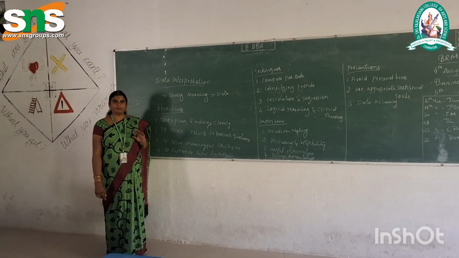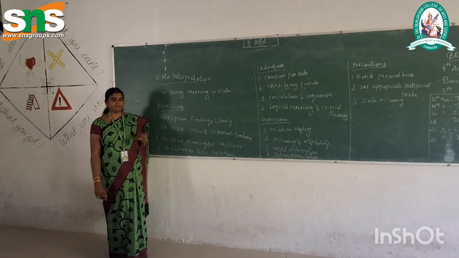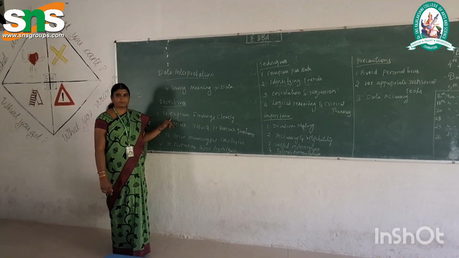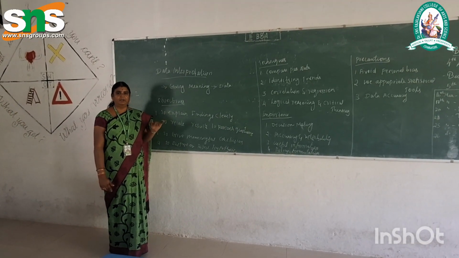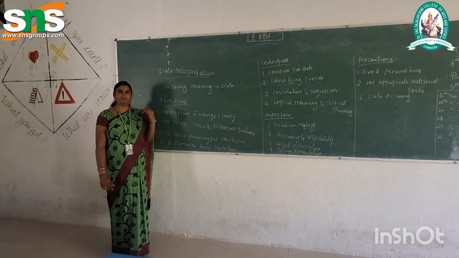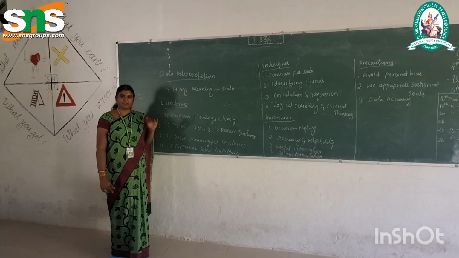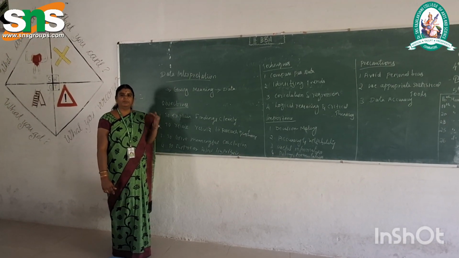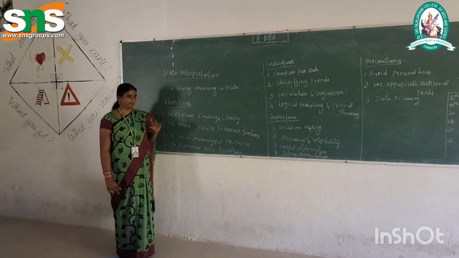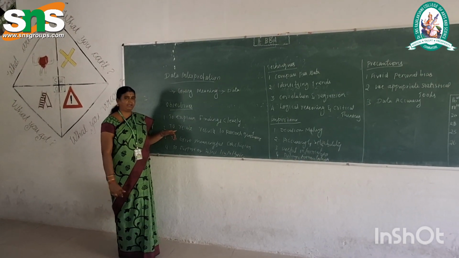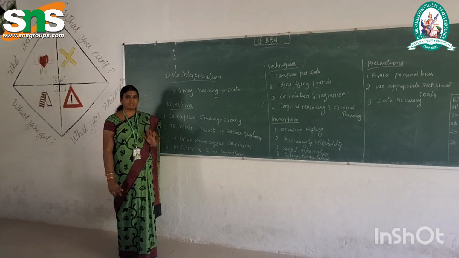Next, objectives of data interpretation. The main objective of data interpretation is first to explain findings clearly. What we received in the data analysis and interpretation, we have to present as clear information. Second, to relate results to research questions.